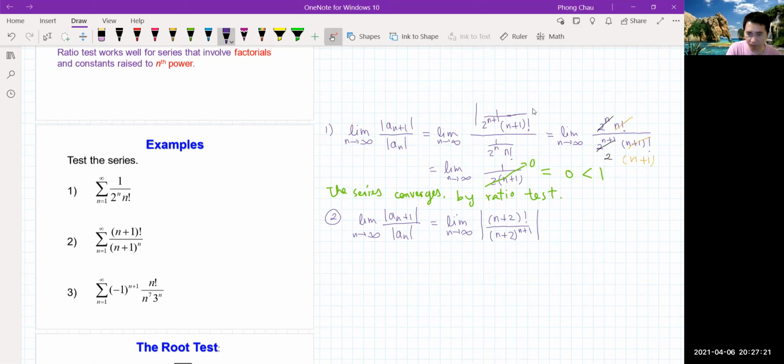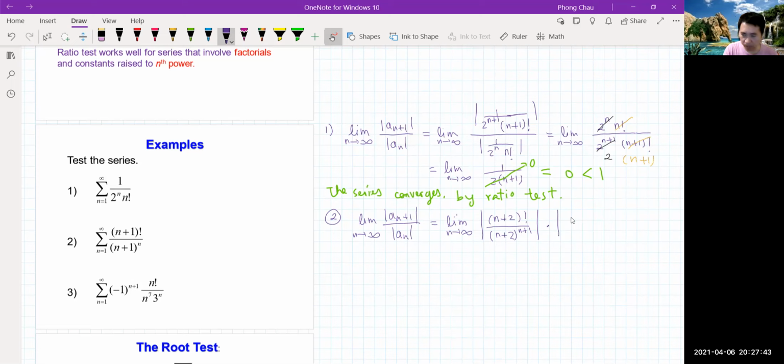I should have absolute values there as well. But because these are positive terms, the absolute value doesn't change anything. Okay, so I'm supposed to divide by a sub n, which is a fraction, so I multiply by the reciprocal.